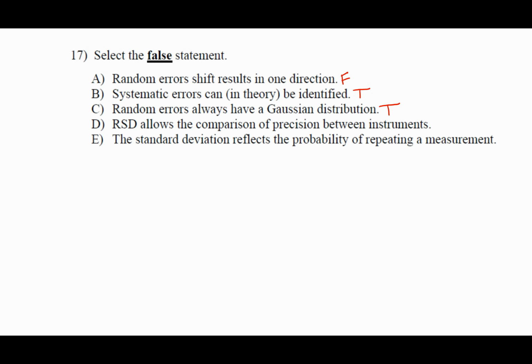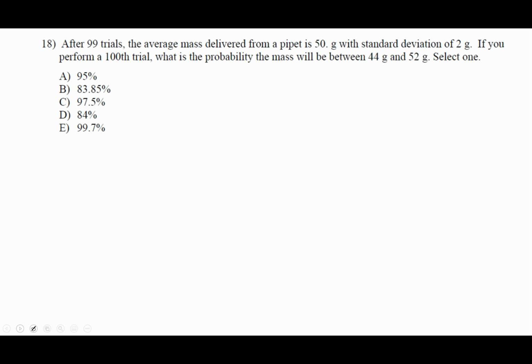Yes, we use statistics to unravel random error. RSD allows comparison of the precision between instruments. Absolutely true. That's what we just did in the problem before this. The standard deviation reflects the probability of repeating a measurement. Yes, right. The standard deviation tells you if you're plus or minus 1 standard deviation, you have a 68% chance of repeating that. So 17, the answer is A.